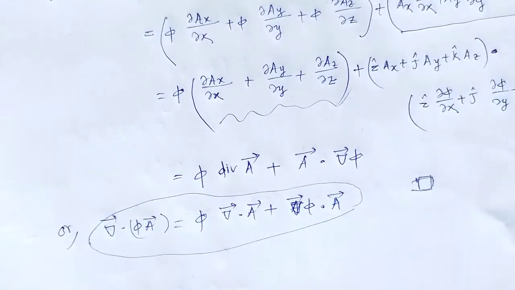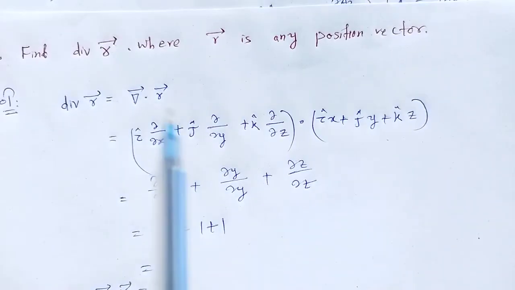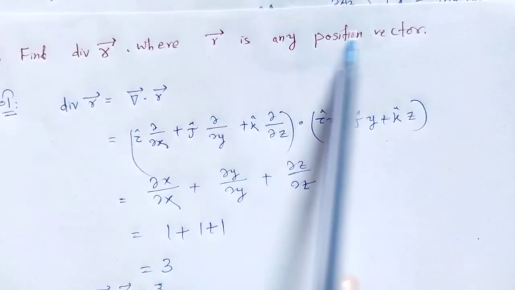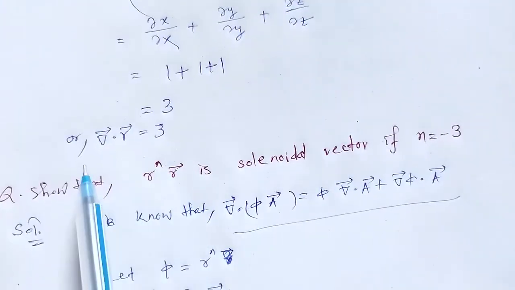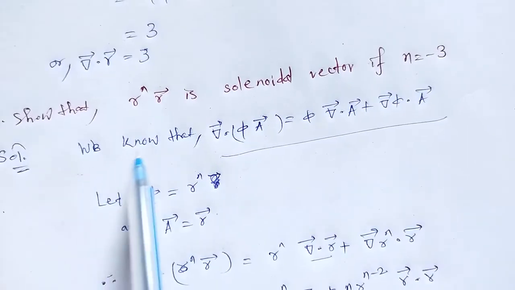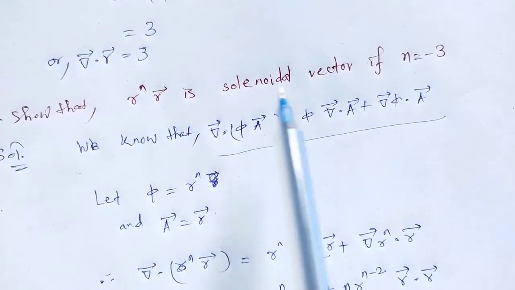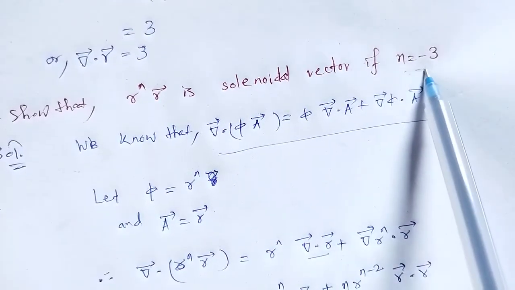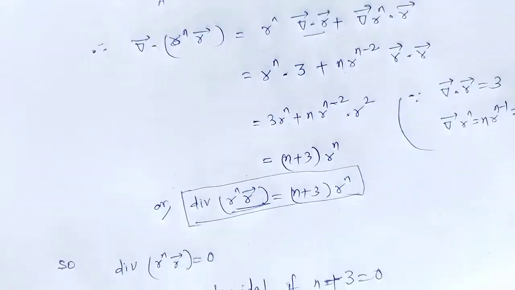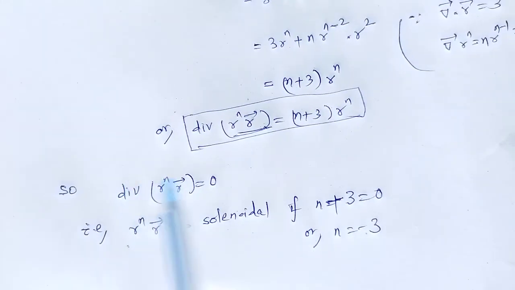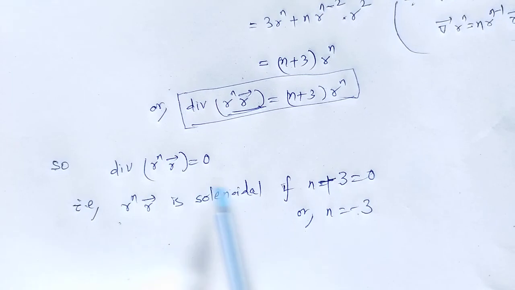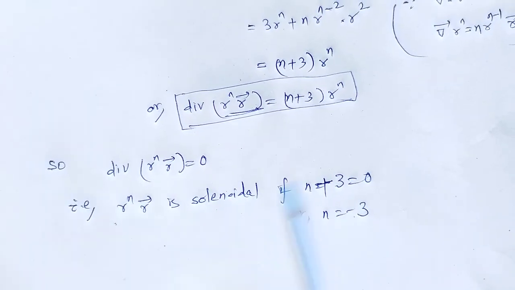By using these two identities of divergence of vector function, we solved two problems. Find the divergence of R where R is the position vector, the result grad dot R equal to 3, and R to the power n R vector is solenoidal vector if the condition is n equal to minus 3. For n equal to minus 3, we find that divergence is 0. That's why that vector is named as the solenoidal vector.